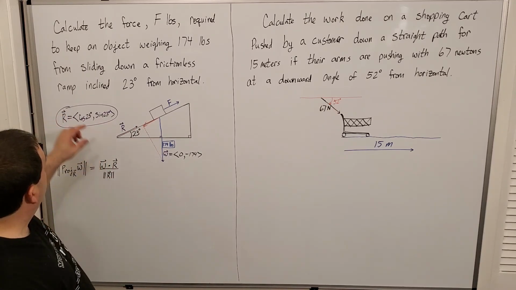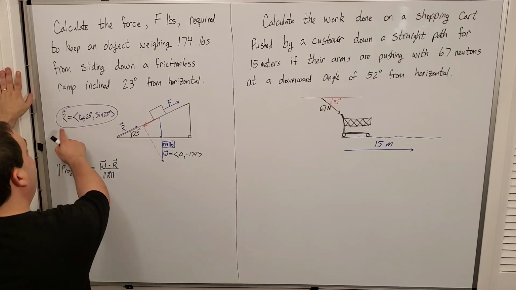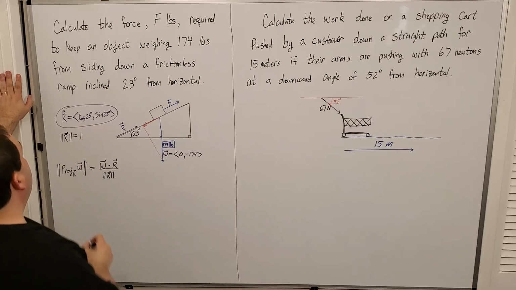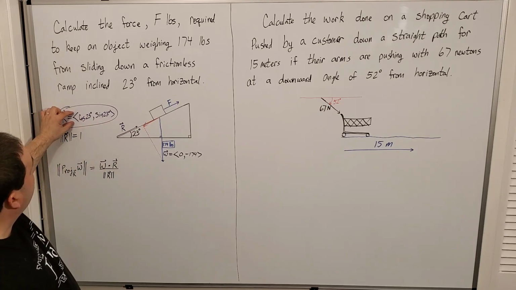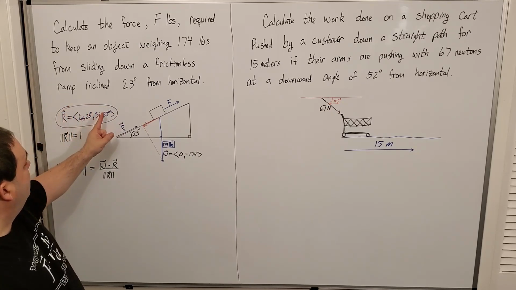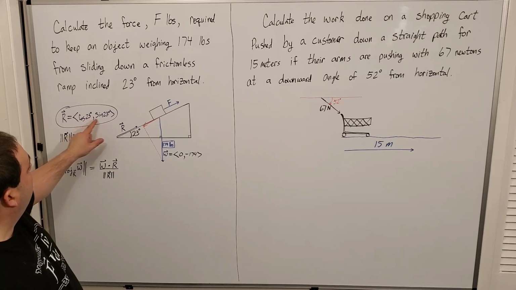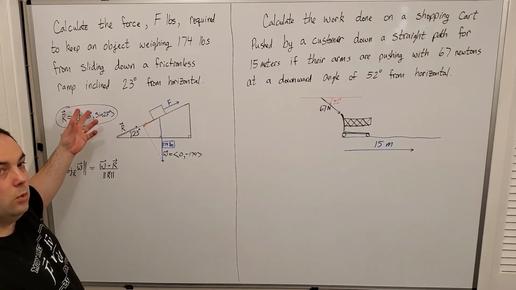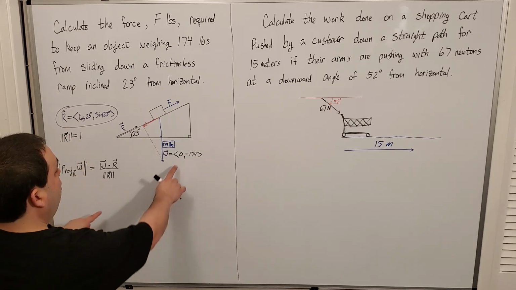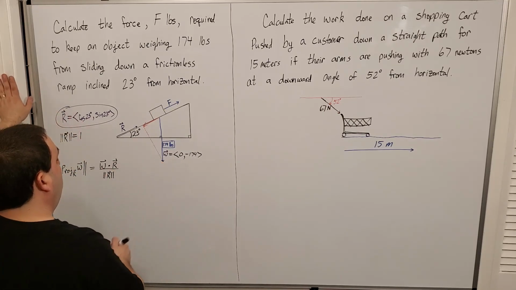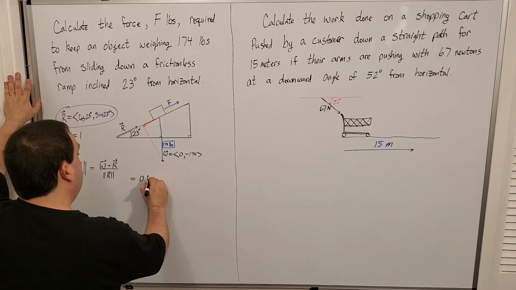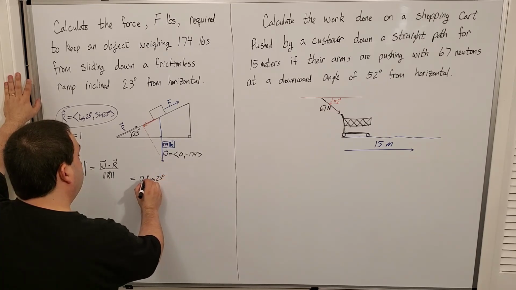And notice the magnitude of R here is 1, because all I've created is a unit vector. I didn't put a magnitude times the cosine and the sine. I just have 1 times the cosine and sine. So this is a unit vector. If you do the length of this, cosine squared plus sine squared will equal 1. So I've just got a unit vector for R. That's nice. And I'm just going to do W dot R divided by 1, so just W dot R. So that's 0 times cosine of 23 degrees, right?